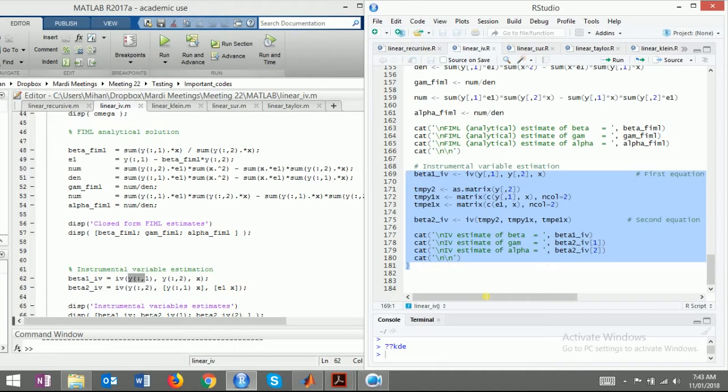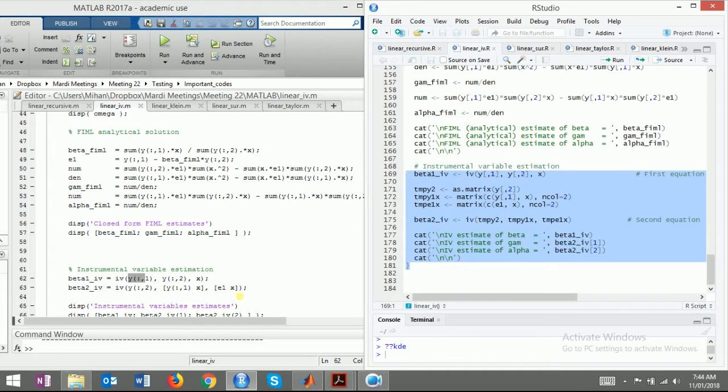The representations in R are sometimes awkward. TMP y2, TMP y1, TMP E1. So beta 2 is y2 y1 and E1, and beta 1 is y1 y2x.